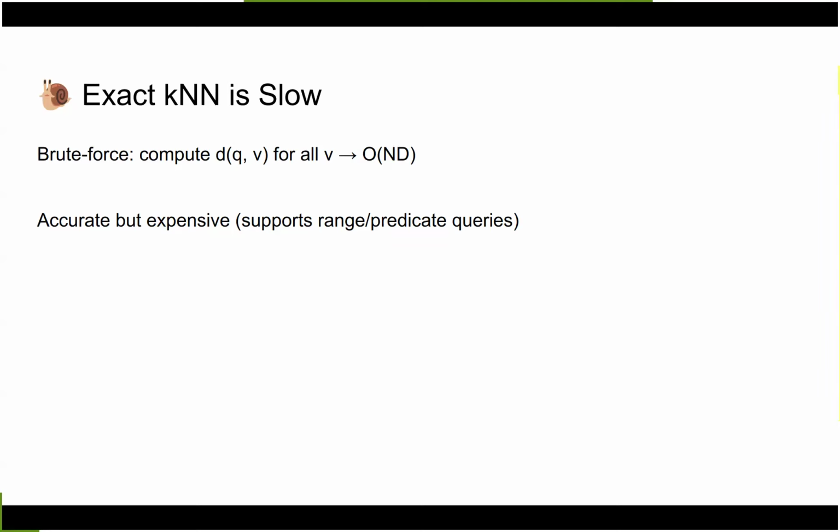People sometimes use that for small data sets, like up to 100K vectors. But beyond that, you probably need to go with a heuristic approach and get back the approximate k nearest neighbors, because that is much faster.